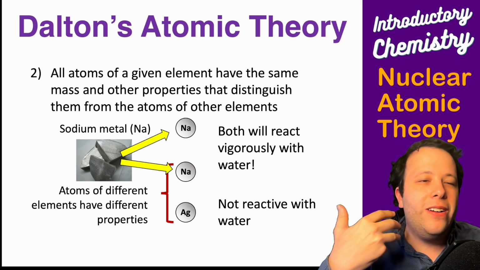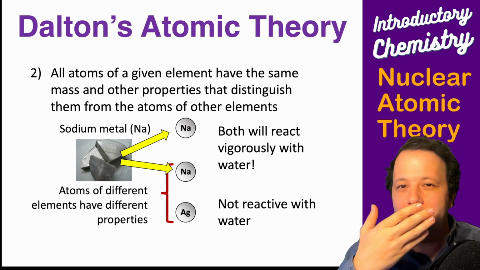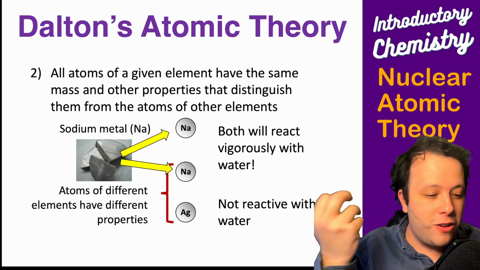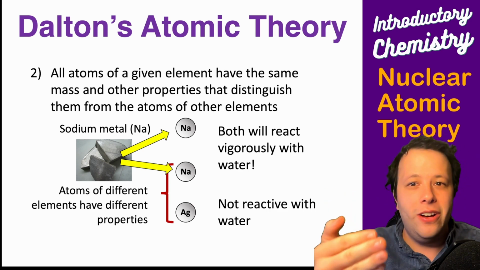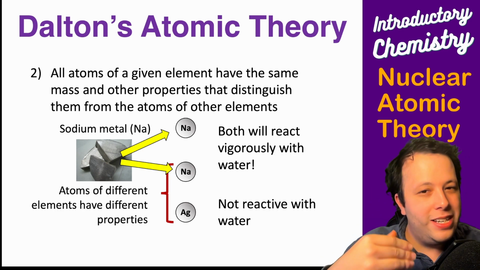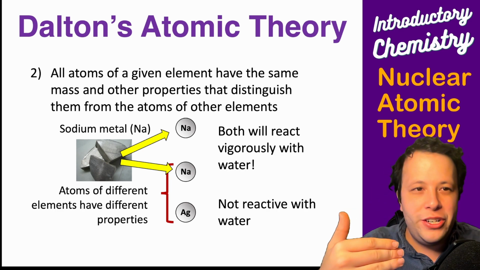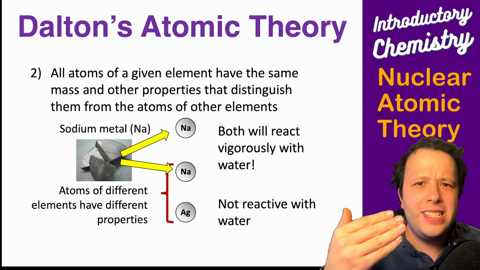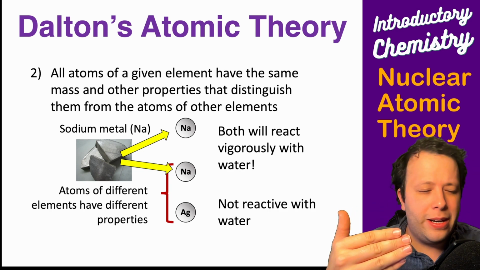Same thing right now as you breathe out and you feel your breath. What is that? Well, that's carbon dioxide, CO2. For every 1 carbon, there are 2 oxygens. It's once again a whole number ratio. Now, that's not the only thing that comes out of that law.